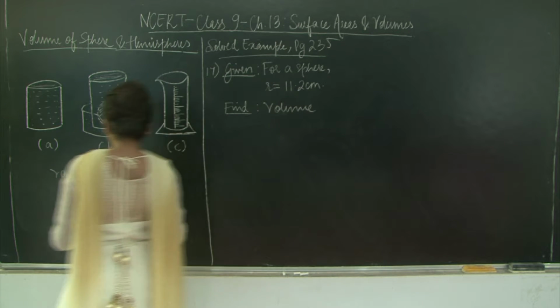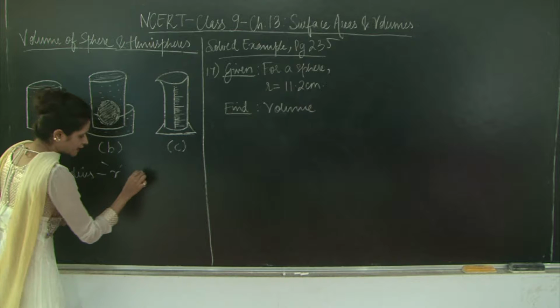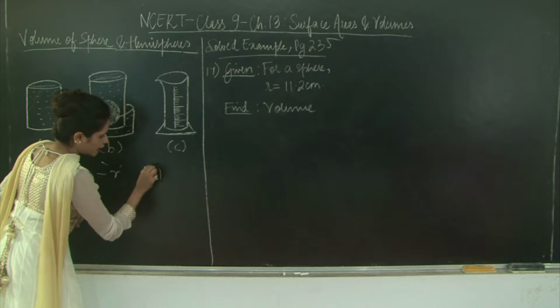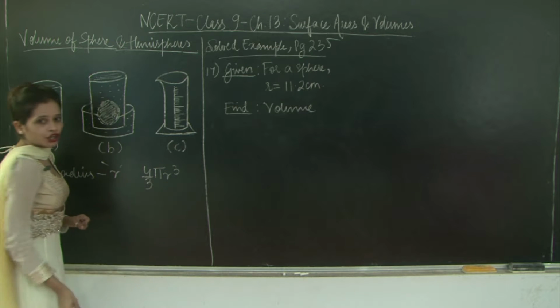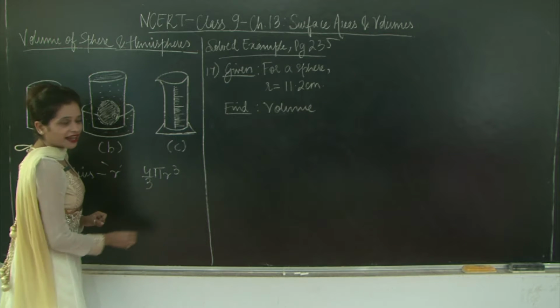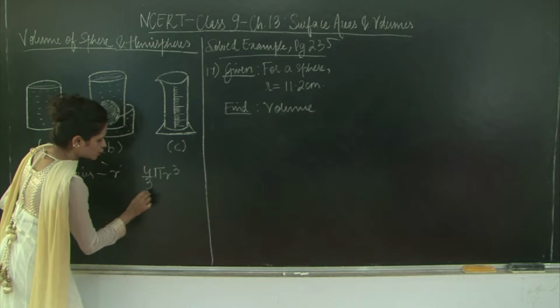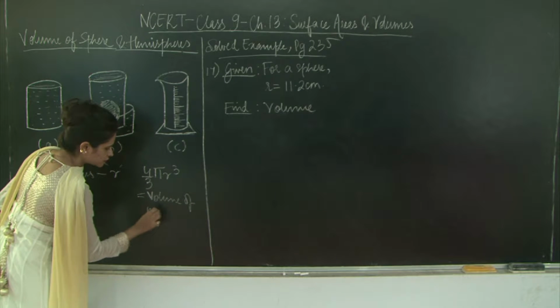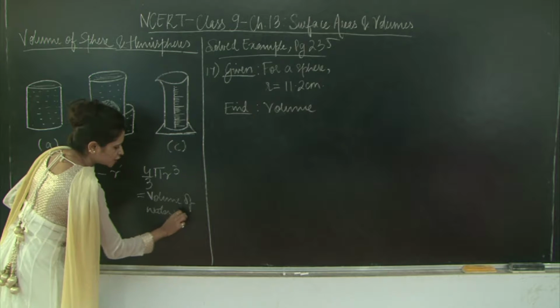Let's calculate 4 upon 3 pi R cube. You will notice that this value is going to be equal to the volume of water measured in the cylinder.